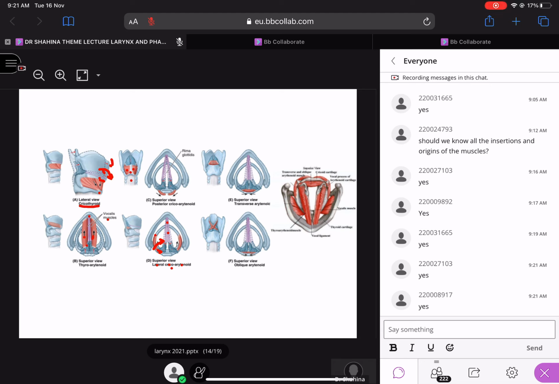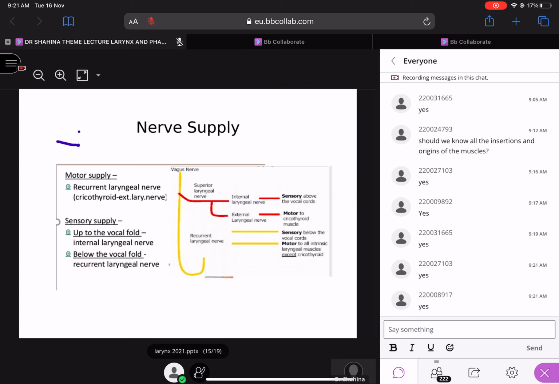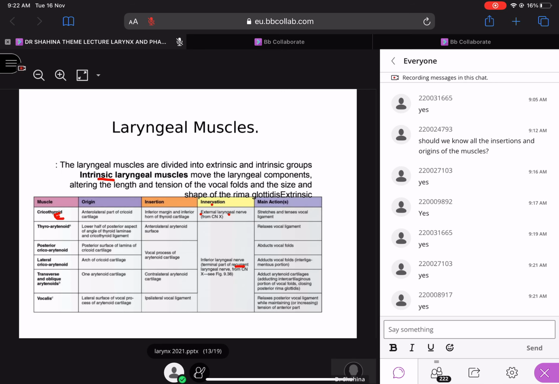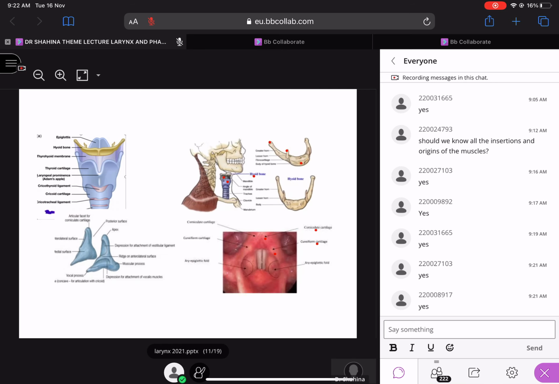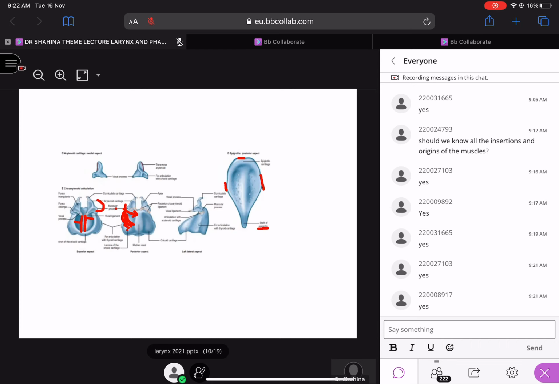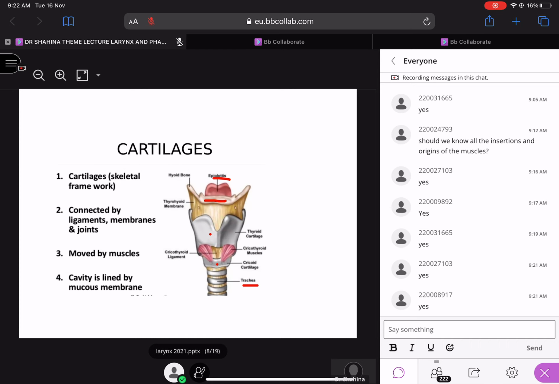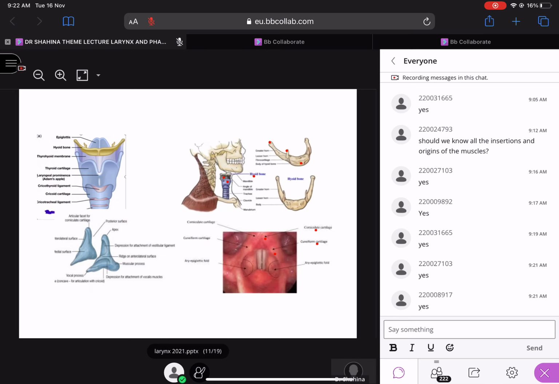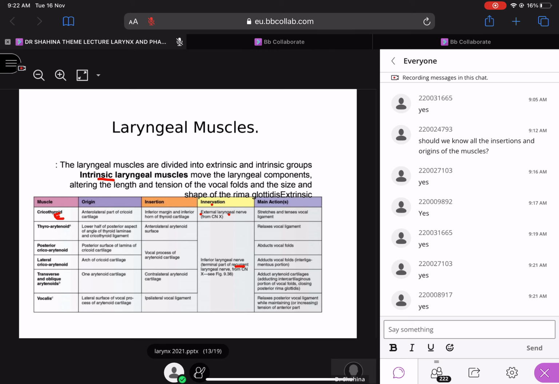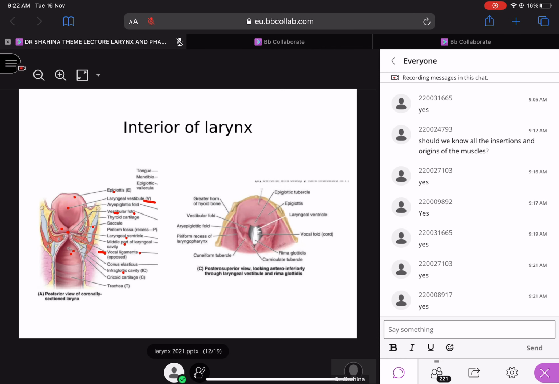Where is this picture, I will show you. Now, guys, here you should know one thing. Here I will show you.